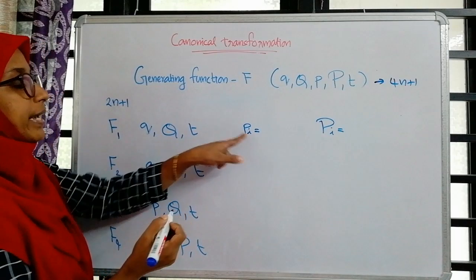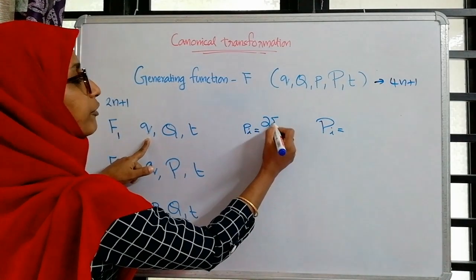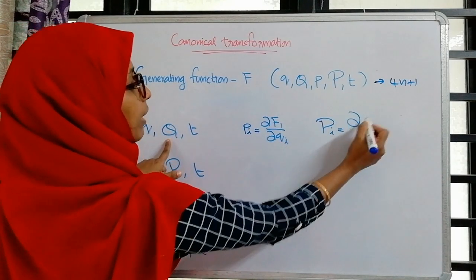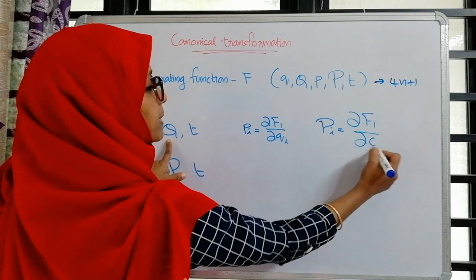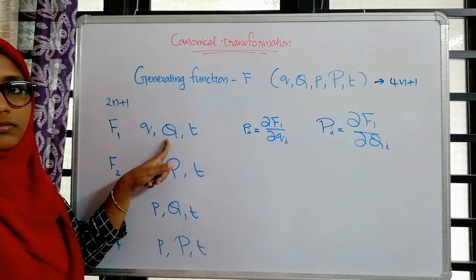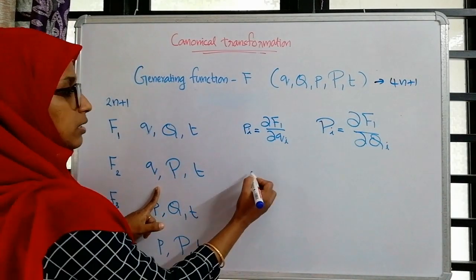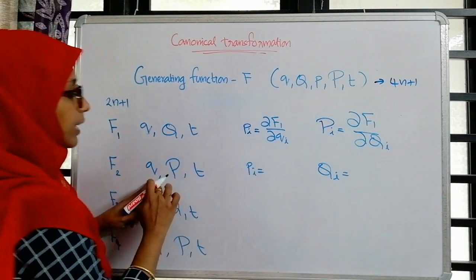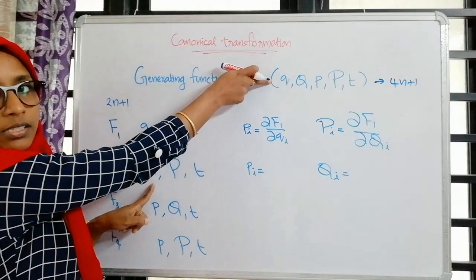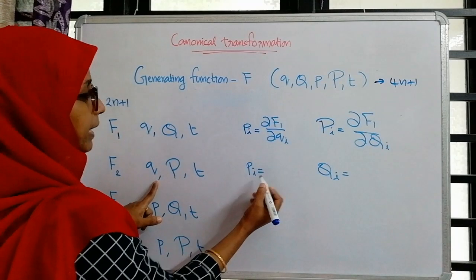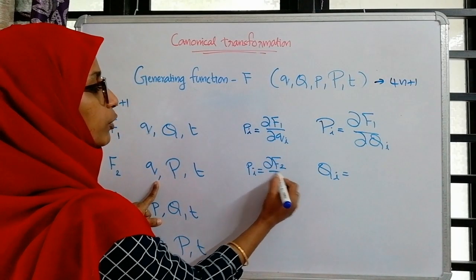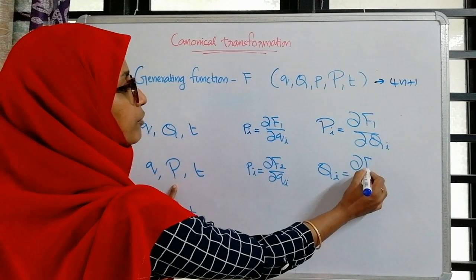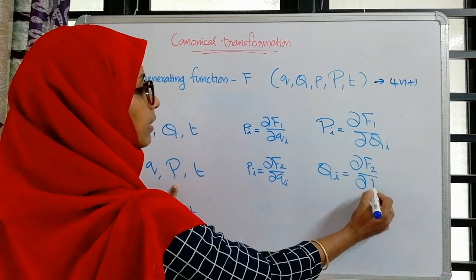So small p_i should be derived from dF1 by dq_i, and capital P_i from dF1 by dQ_i. In F2, small p_i and capital Q_i are absent, so small p_i is equal to dF2 by dq_i and capital Q_i is equal to dF2 by dP_i.